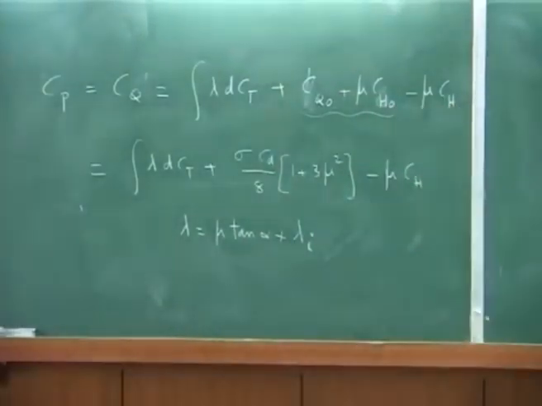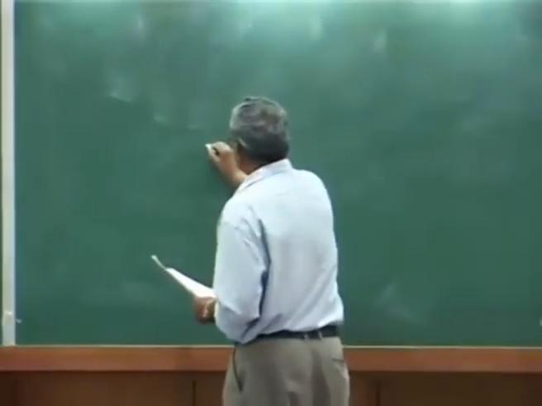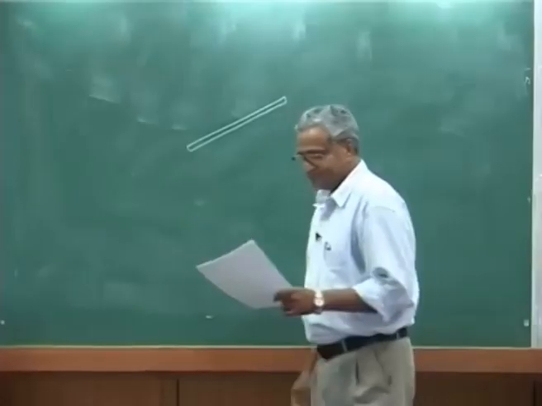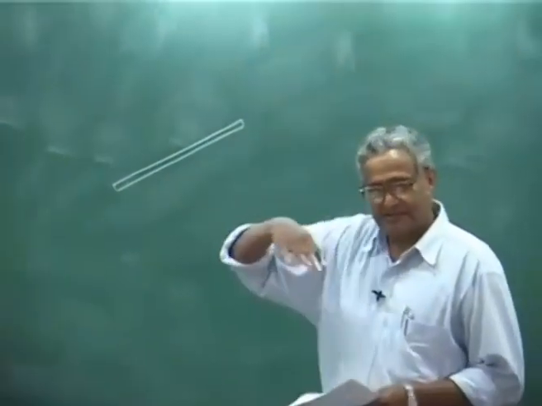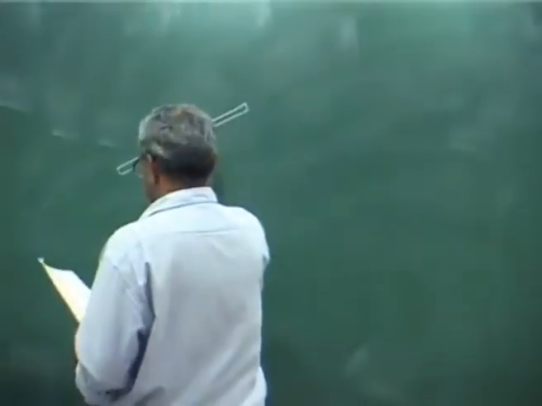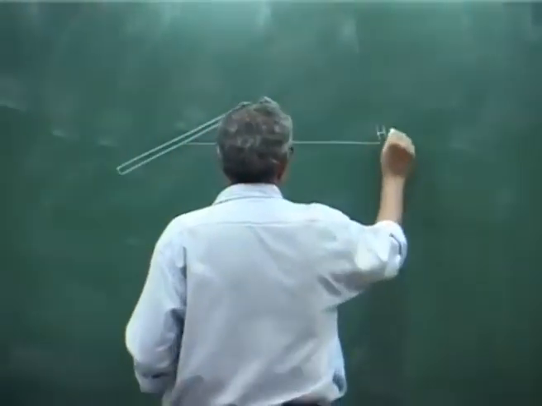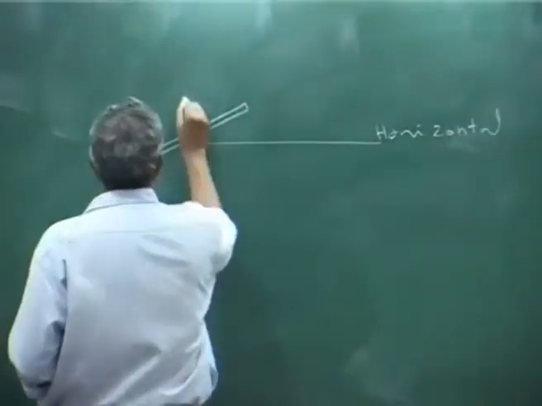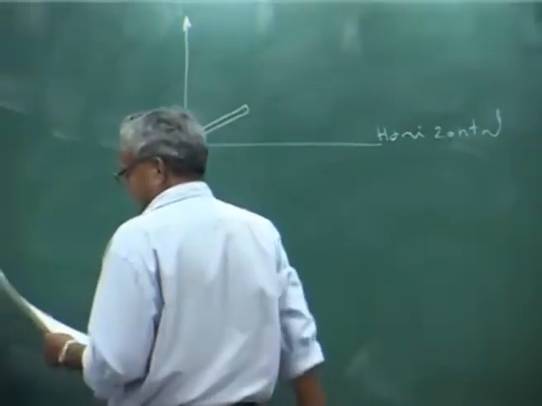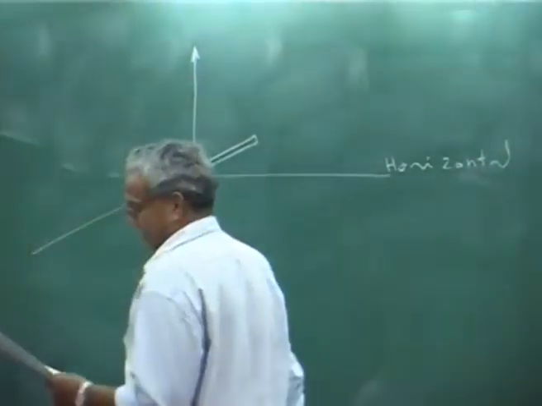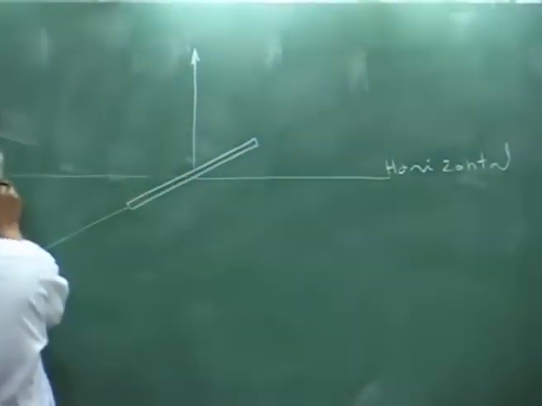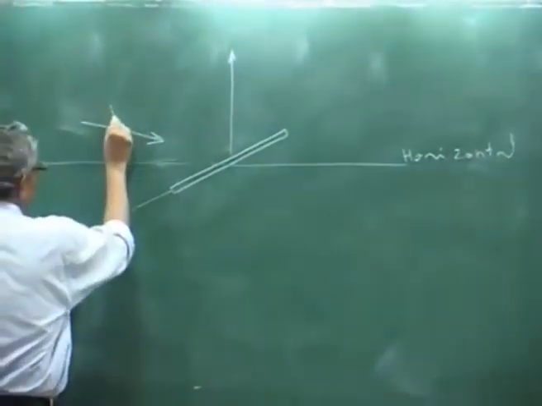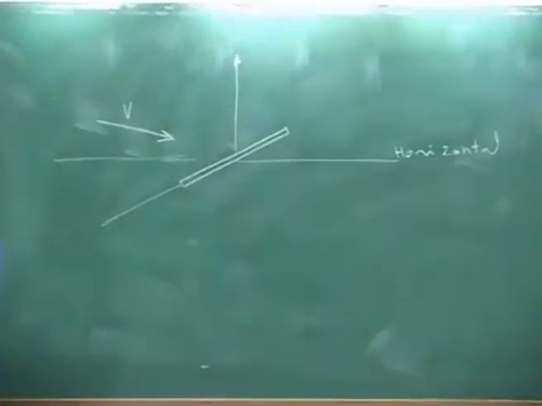Let us now draw a diagram. This is an interesting diagram. This is my hub. Okay. Hub is inclined at an angle. So, I will say this is my horizontal, this is my vertical, and the velocity is coming at this angle.